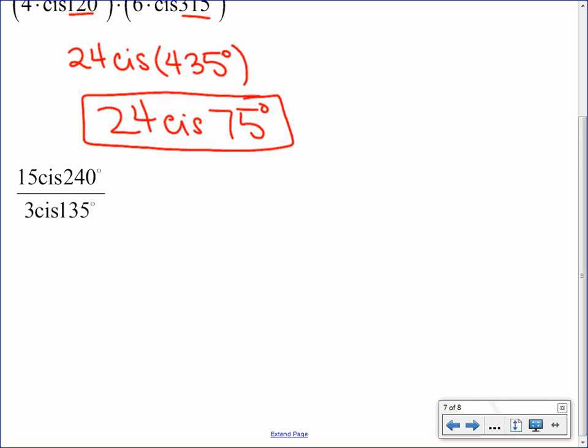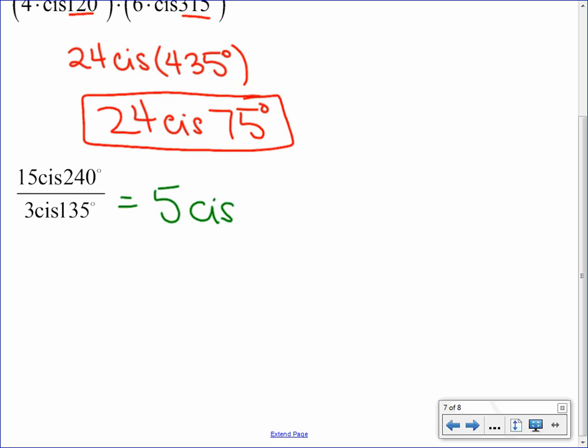Okay, now I have a division problem. Okay. What do we do with our r's in this case? We divide them. 15 divided by 3 is? And what do we do with our angles?